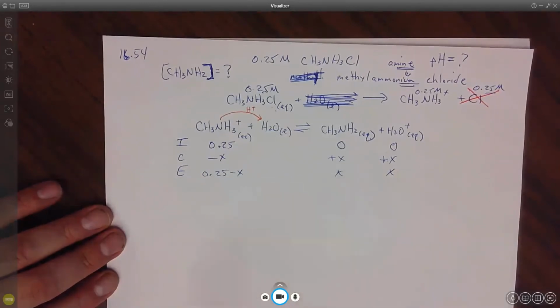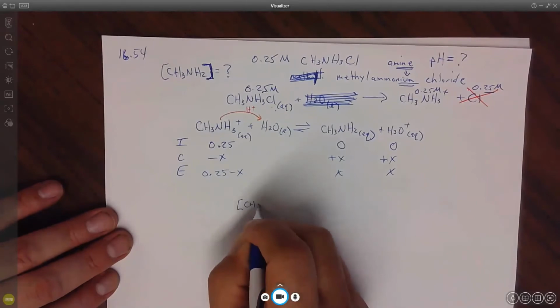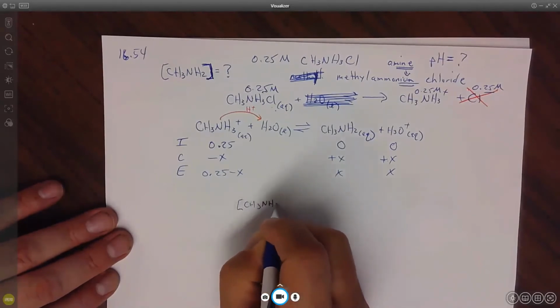Okay, so now how are we going to get X? Is that through the use of the tables of chemical data in that case? Okay. So we're going to need an equilibrium constant expression. What's that going to look like? The concentrations of the methylamine and hydroxide over the concentration of the methylammonium.